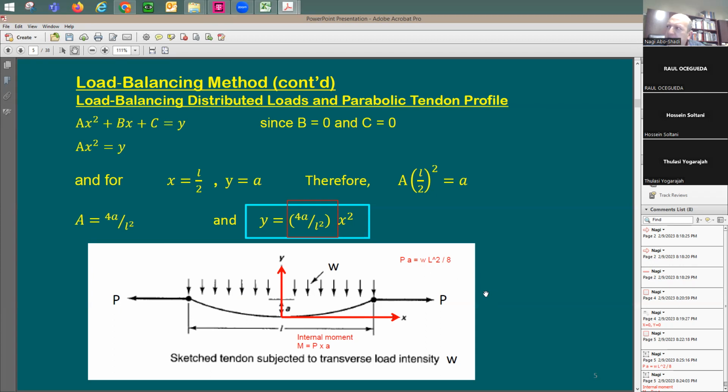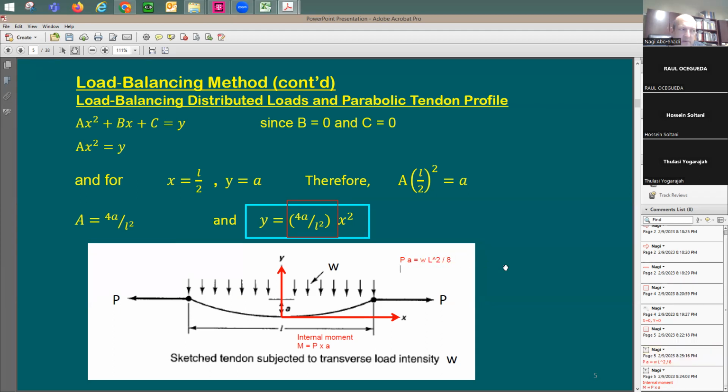If I need to balance this W, what P value would I have? Does it make sense for the question? Say P is going to be equal to what? W L squared divided by 8, times 8, correct? That's it. What is W L squared divided by 8? It's going to be the moment. You just take the moment divided by the eccentricity, and you get the amount of pre-stress force that you need.